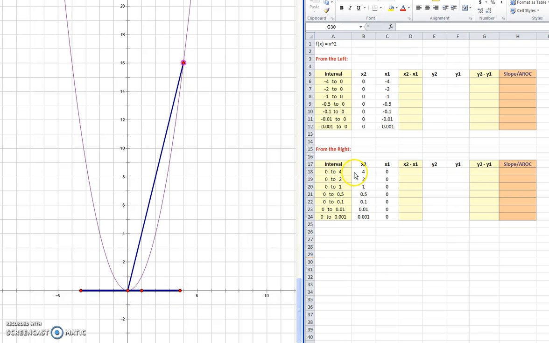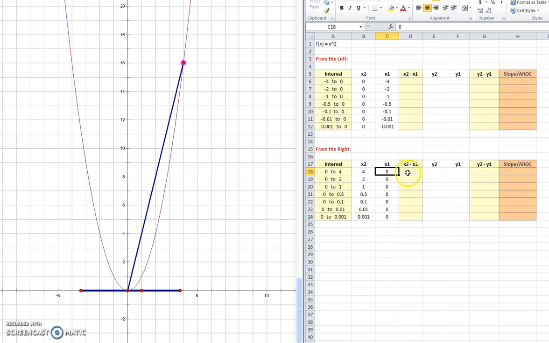Those are our x values. Our x2 is going to be the larger number and our x1 is going to be the smaller number. Here are all your x2s. These are all your x1s, and I've already input those into their respective columns. Now, in order to calculate a slope, don't you have to have y2 minus y1 divided by x2 minus x1?